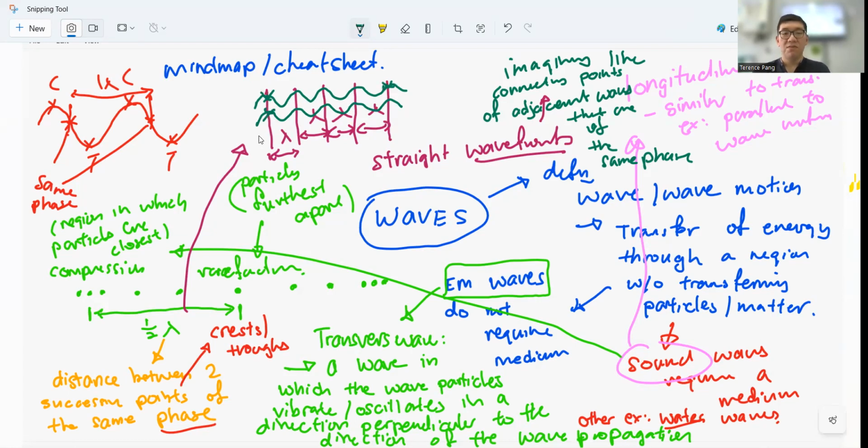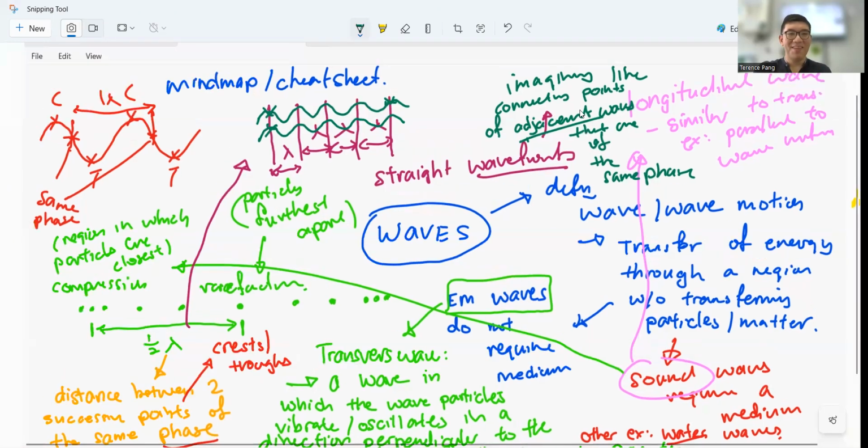Crest to crest. So this is what it means by adjacent wave. Adjacent means they're next to each other. Okay? All of these are possible warm-up questions that can come out on Thursday, which is your WA1. Any questions?